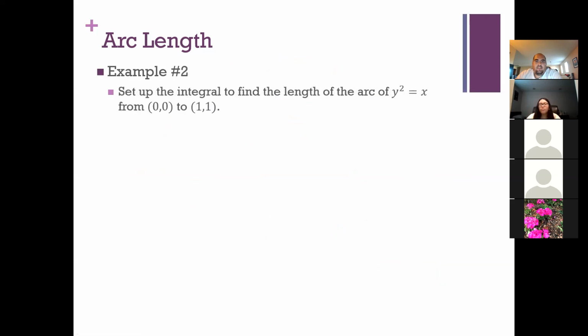All right, so I'm going to set up the integral to find this length. Just to show that we can handle both approaches here: so far what I've given you is that the arc length is equal to this integral, and I'll be really explicit about this, from x equals a to x equals b of the radical 1 plus f prime of x squared dx.